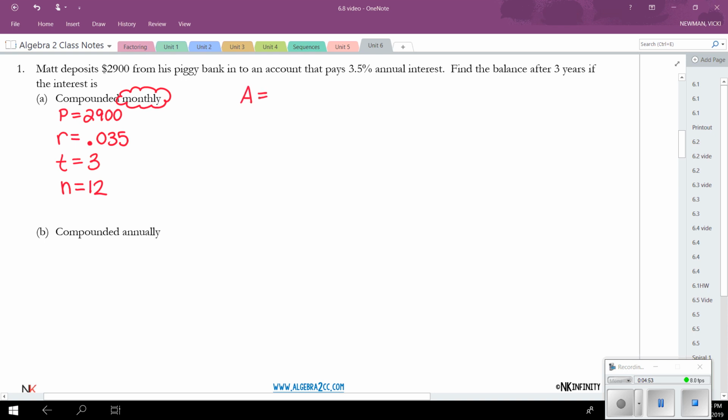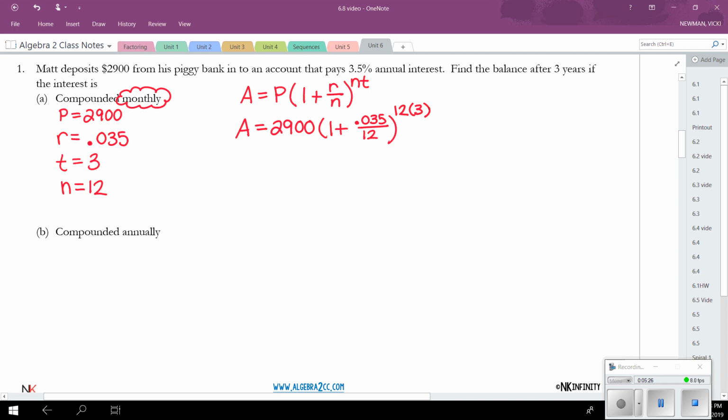So A equals P, parentheses, 1 plus the rate divided by the number of times compounded, raised to number of times compounded times time. So A is equal to the initial amount, 1 plus R is 0.035 divided by 12, raised to the 12 times T, which is 3.